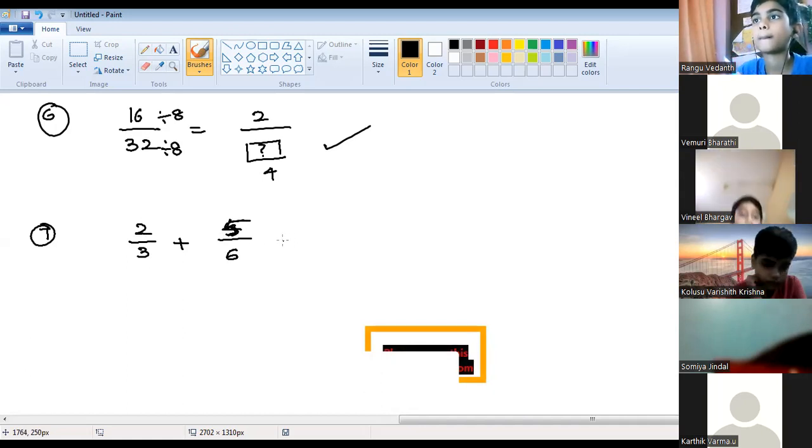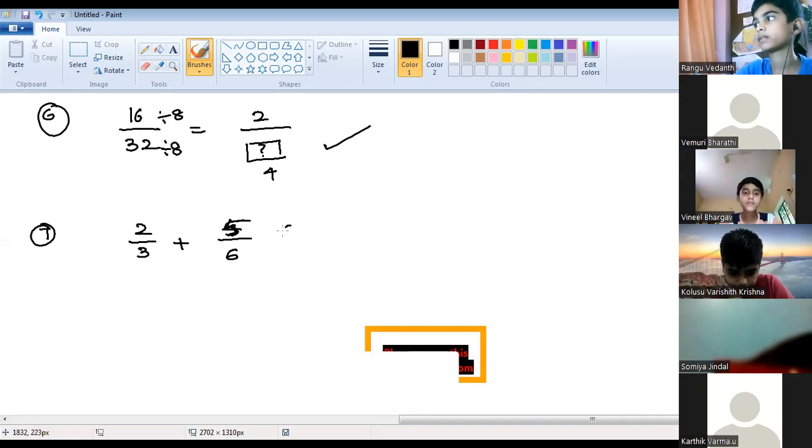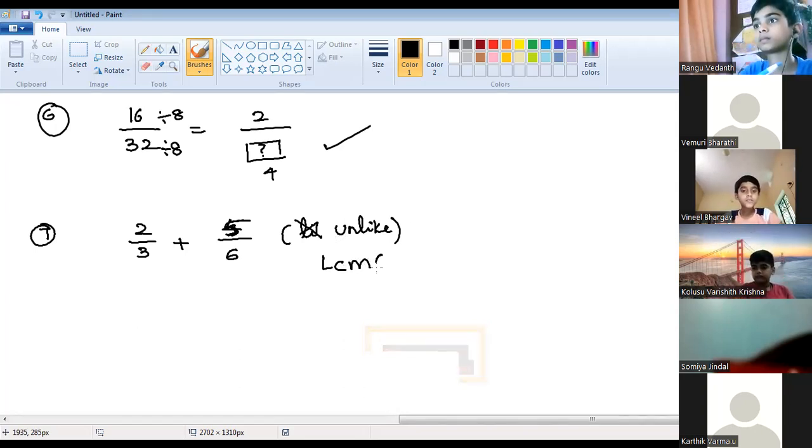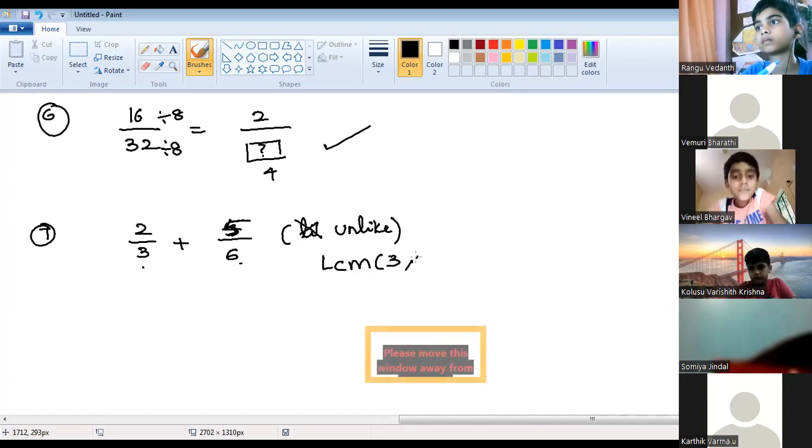Vinil, what should I do? Is it like or unlike? Unlike, ma'am. Very good. It's unlike. So what should we do? Is it directly added? LCM. What is the LCM of the denominators? Here denominator means the down portion. 3 and 6. What is the LCM of 3 and 6?